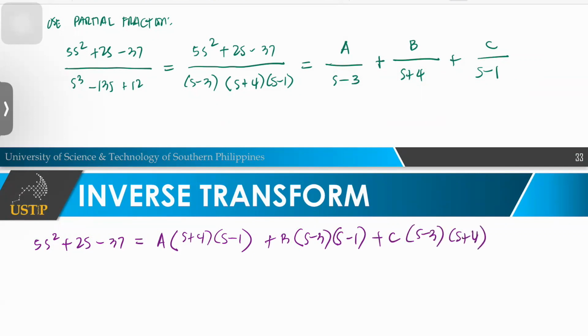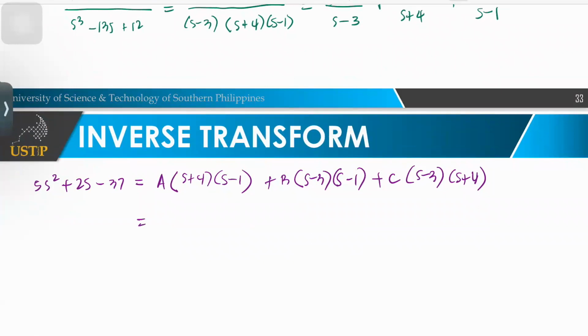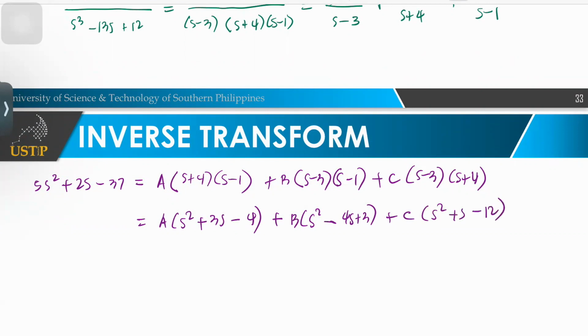We distribute this so that we can get the values of A, B, and C. So that is A(s squared plus 3s minus 4), plus B(s squared minus 4s plus 3), plus C(s squared plus s minus 12).